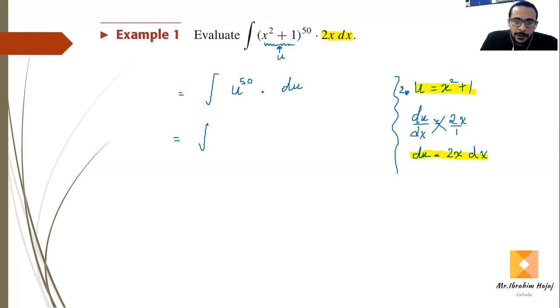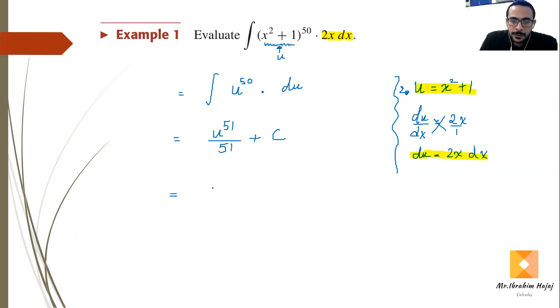Okay, so it's the integral of u to the power of 50. No need to write the integral again. We can find the integral per our usual steps by adding 1 to the exponent. It becomes 51 and divide by 51, u to the 51 over 51 plus c. Plus c, and then substitute again.